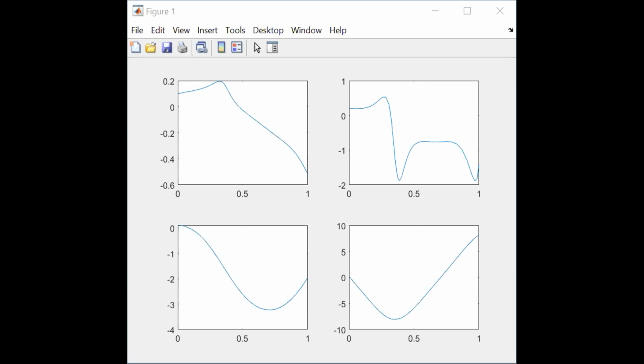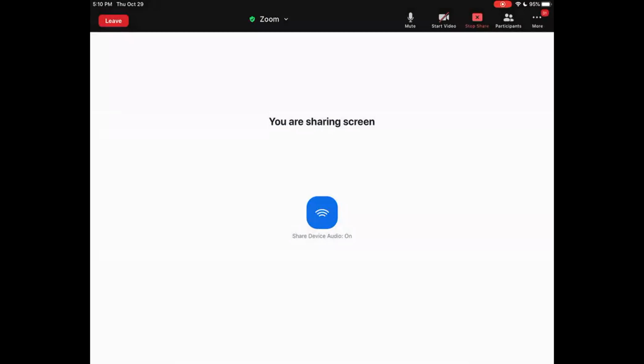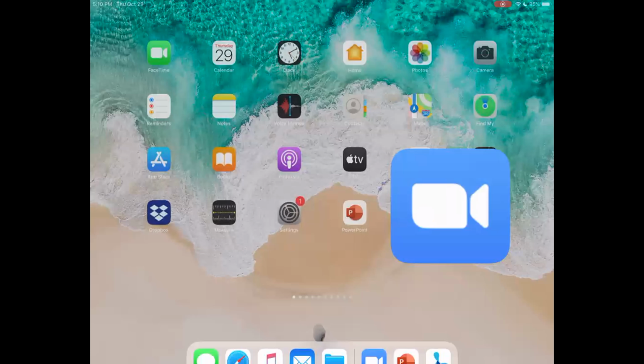So now the question is, how do we solve a complex problem from start to end using MATLAB? So let's look at an example, and I'm gonna go back to sharing my whiteboard. So you should be able to see my whiteboard now.